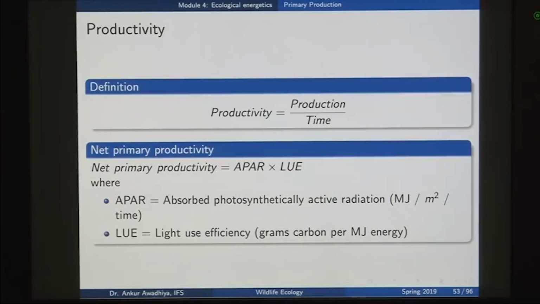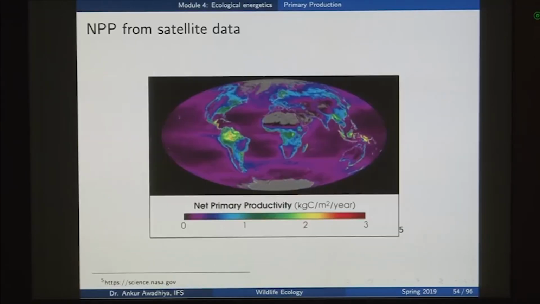It will also depend on the fertility of that area, or the amount of water that the area has, or the amount of nutrients and mineral salts in the soil in that particular area. So, that makes it possible to model the APAR and the light use efficiency to make an estimate of the net primary productivity.